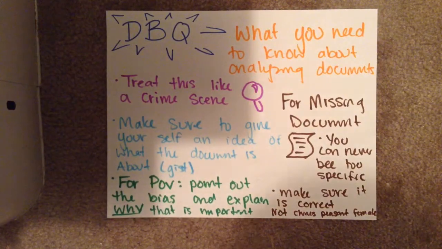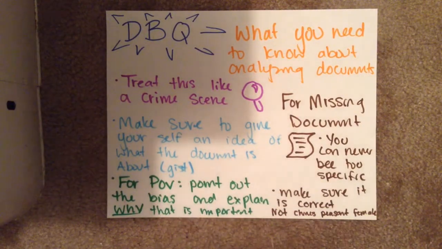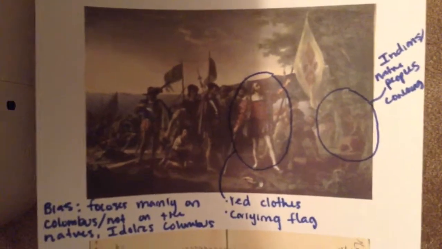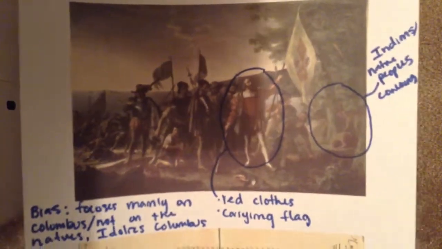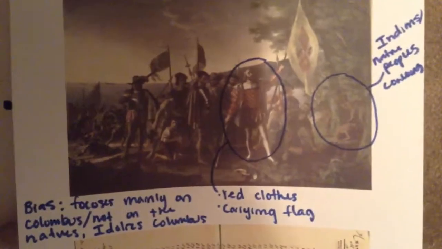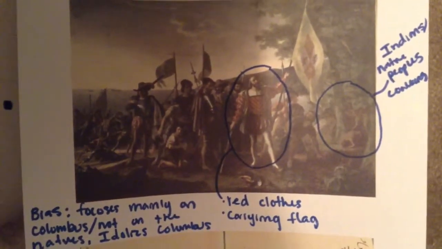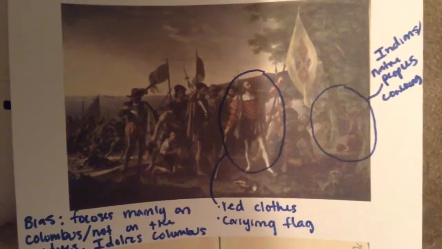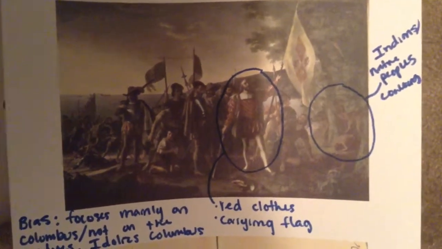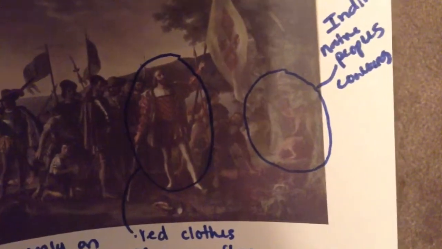So now we're going to analyze some primary sources. Here we have a painting. You can see this main person is wearing red, so we know that signifies importance during this period. And also, if you look really closely, it looks like there are some people hiding behind that tree.